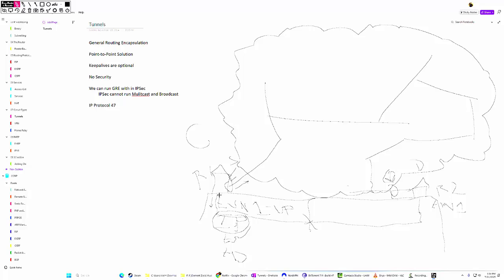So when the branch loses connectivity, the first thing you will see is, log into the headquarters router and see that tunnel's down.